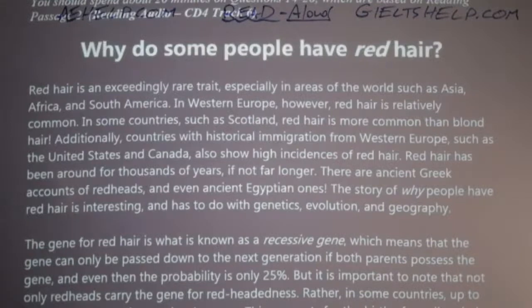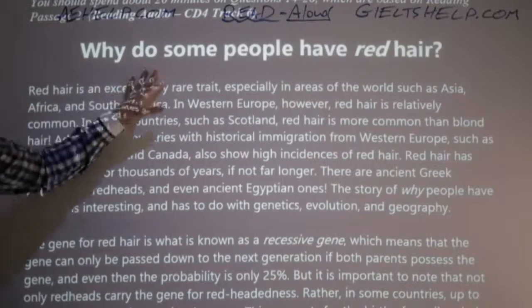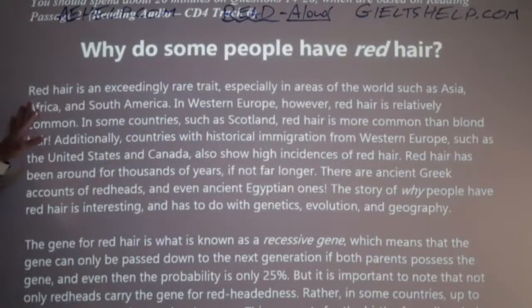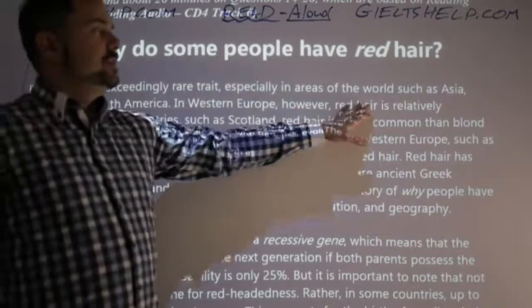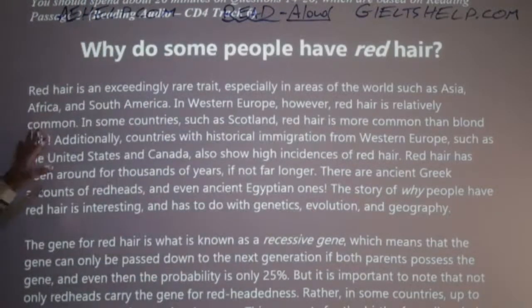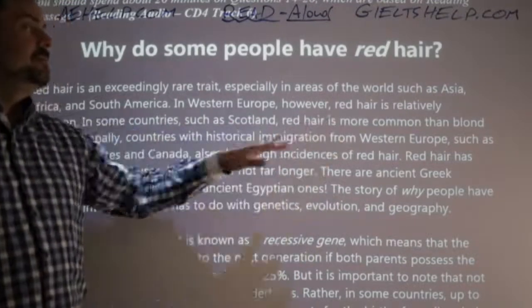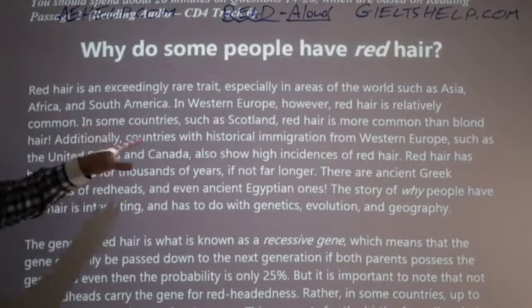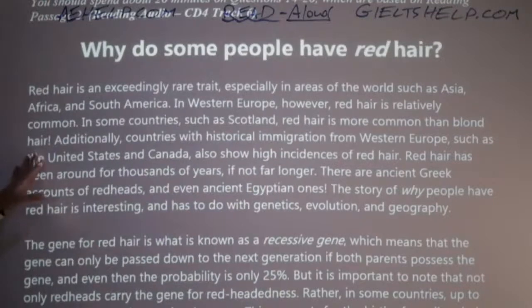Okay, here we go. So from the top, why do some people have red hair? Red hair is an exceedingly rare trait, especially in areas of the world such as Asia, Africa, and South America. In Western Europe, however, red hair is relatively common. In some countries, such as Scotland, red hair is more common than blonde hair.